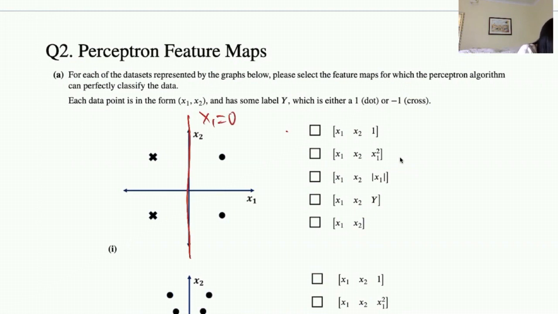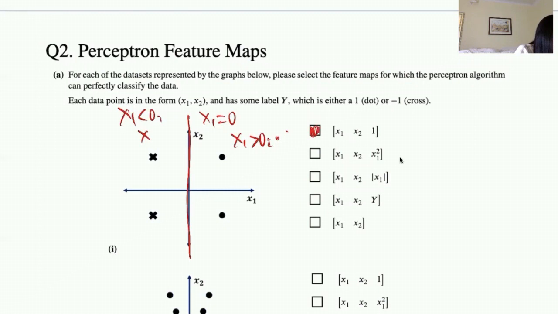When x1 is smaller than 0, it will be cross. Otherwise, when x1 is greater than 0, it could be dot. So once we have x1 in the feature, it is enough to perfectly classify the data.